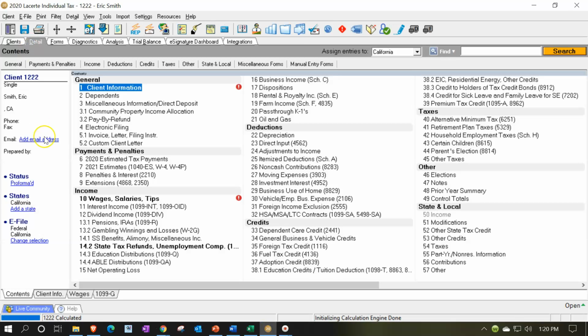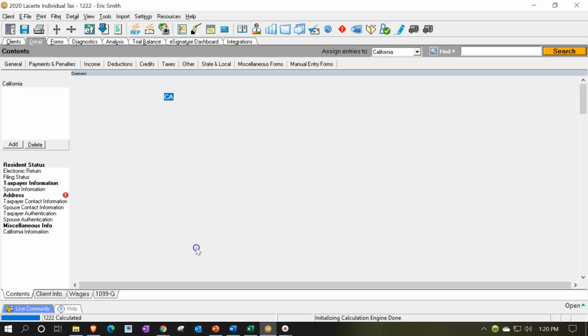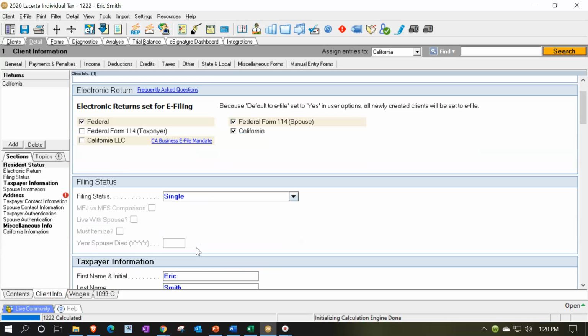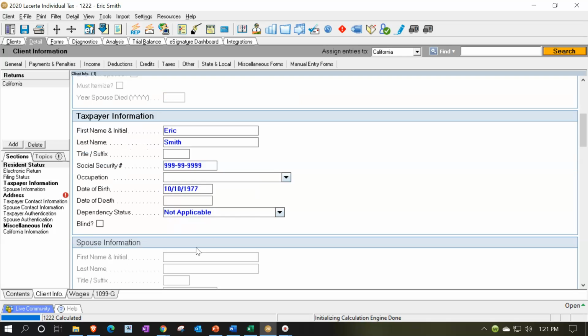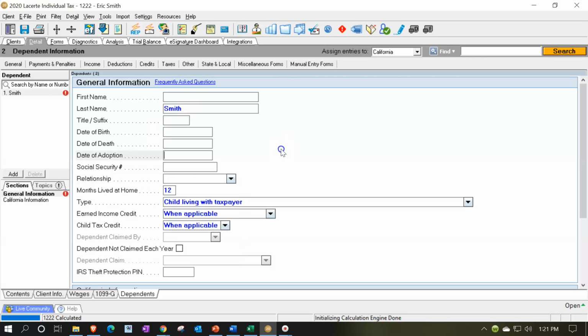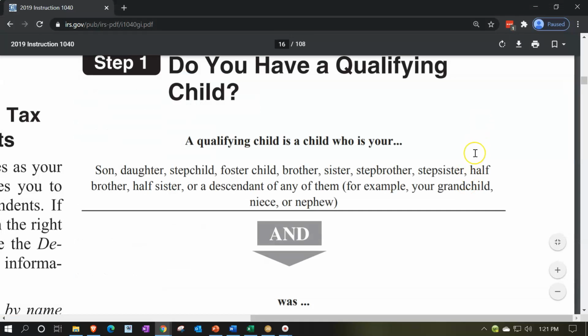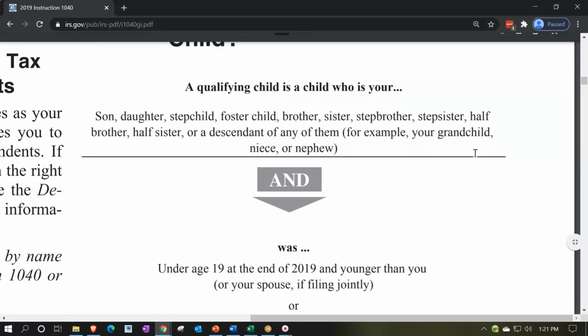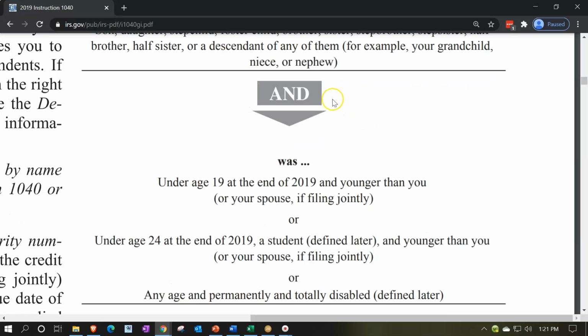So when you're working with tax software, once again, you're going to have some rough idea, because if you go down to the data inputs screen for the dependents, which is here, then you'll have the relationship, and you'll have all these relationships. So you would think that would line up fairly close to the relationship test, and should give you at least a preliminary idea that you can drill down on further.